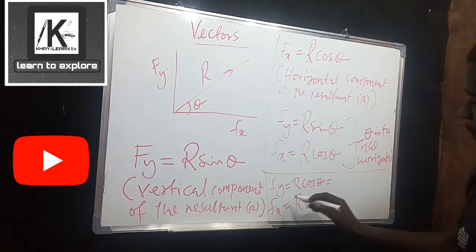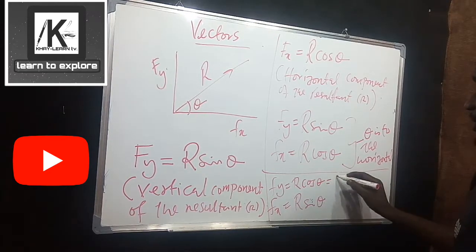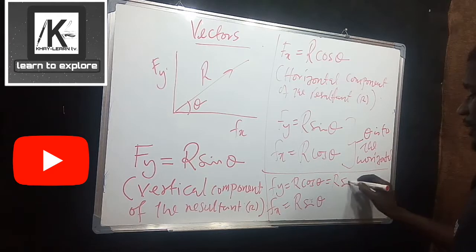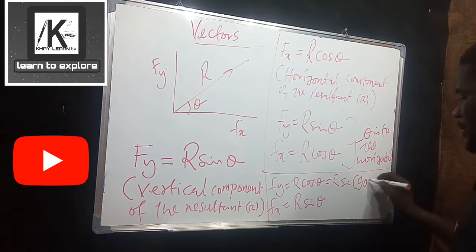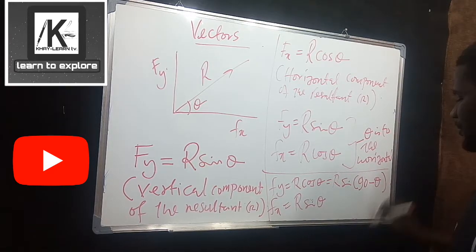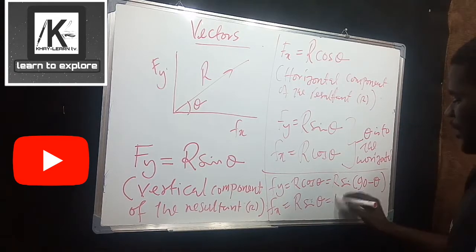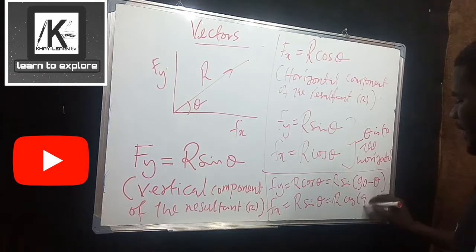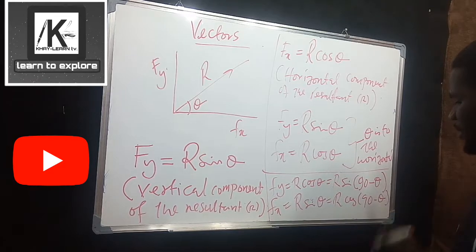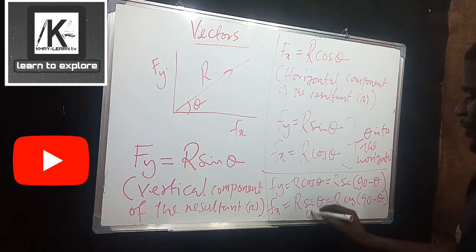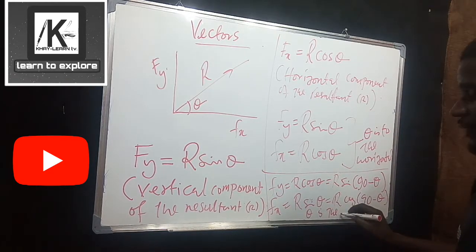This vertical component, R cos theta, can also be written as R sine of (90 minus theta), and also R cos of (90 minus theta). So this is what we have when theta is to the vertical.